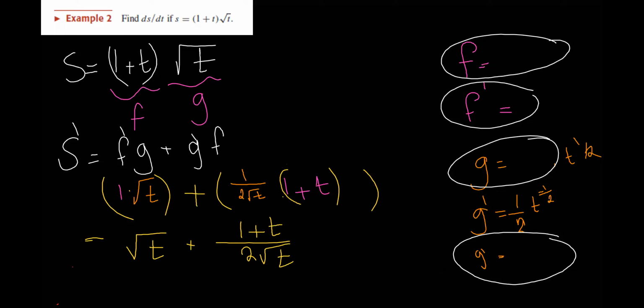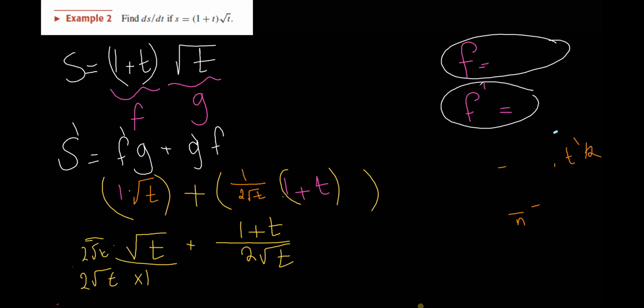Is it clear? Yes, teacher. You can simplify it. Here, the denominator is 1, so I will multiply it by 2 square root of t over 2 square root of t.